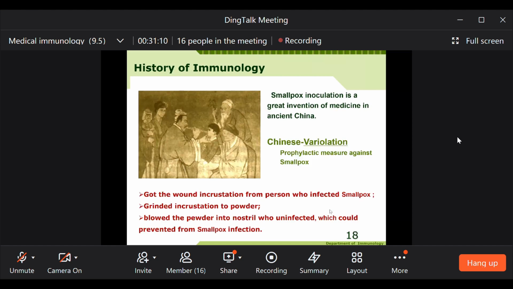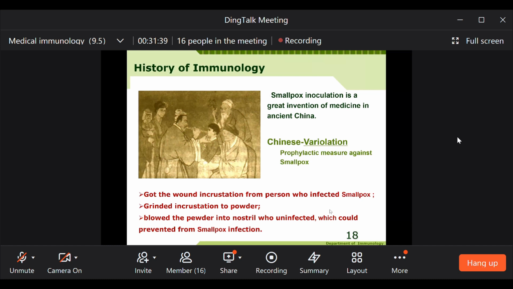How to deal with it? In ancient China, in our country, people made a good practice. Here we can see the Chinese variolation, a measure against smallpox.